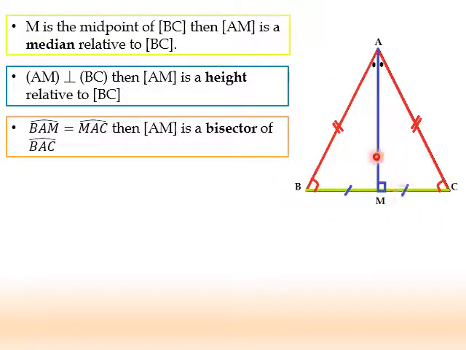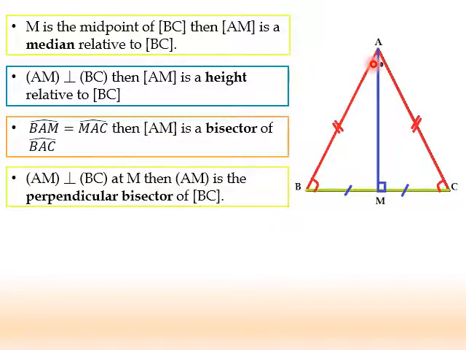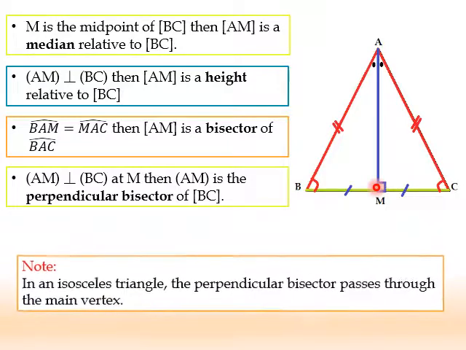Okay? BAM equals MAC, then AM is the bisector of this angle, which is BAC. And AM is perpendicular to BC at its midpoint M, so AM is the perpendicular bisector of BC.